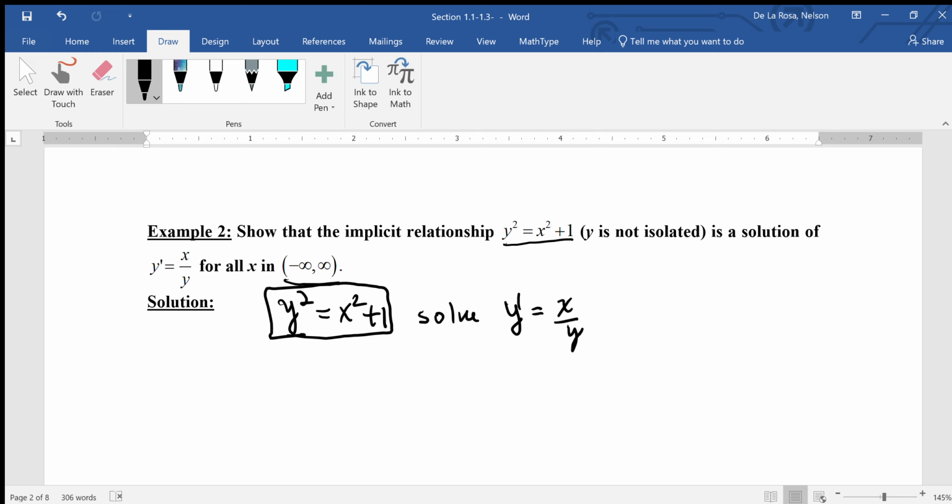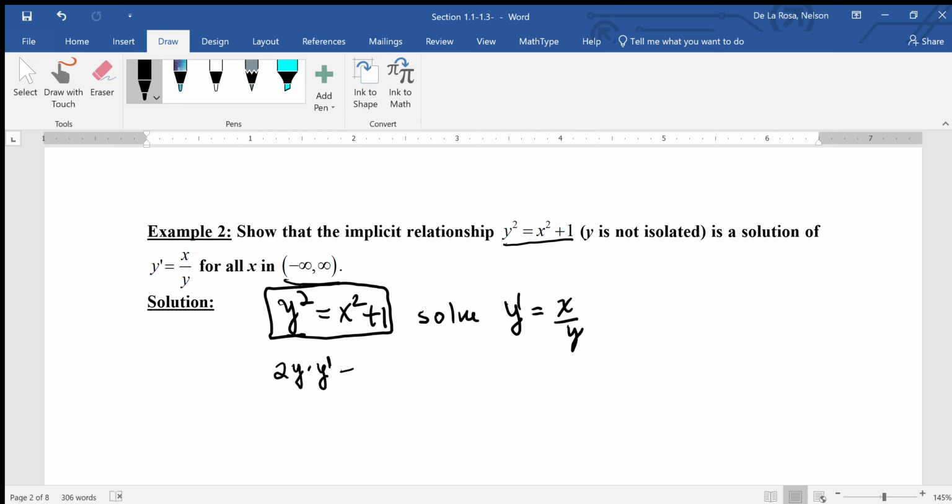So let's find the derivative of the given equation. The derivative of y squared is 2y times y prime, because remember we have to apply implicit differentiation because the derivative is on y, right? So we have 2y times y prime.